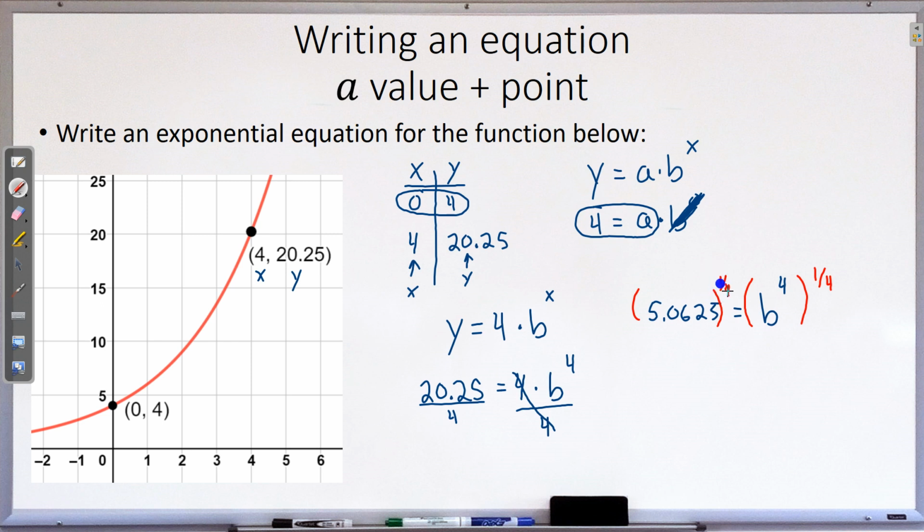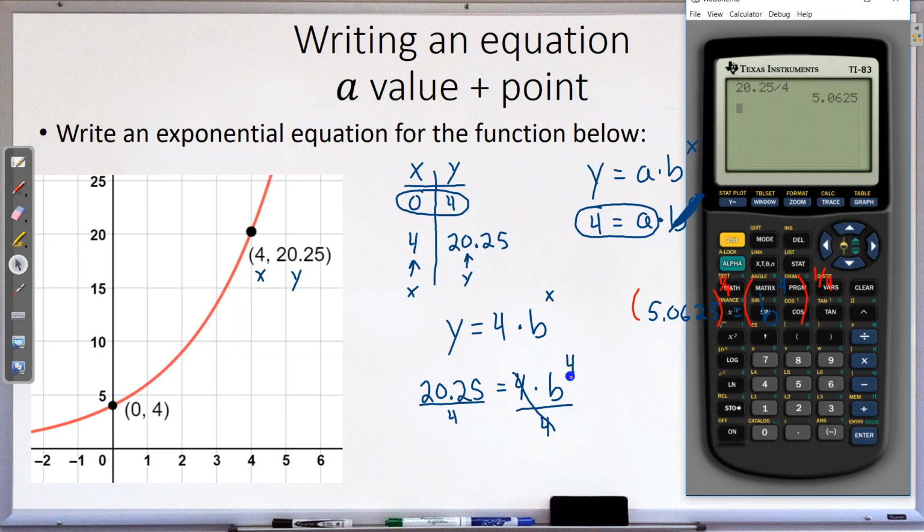So we're going to raise both sides to the 1/4 power. We'll definitely need our calculator for that. So I'm going to take that number 5.0625 and raise it, got to use parentheses, to the 1/4 power. And that comes out nice as 1.5.